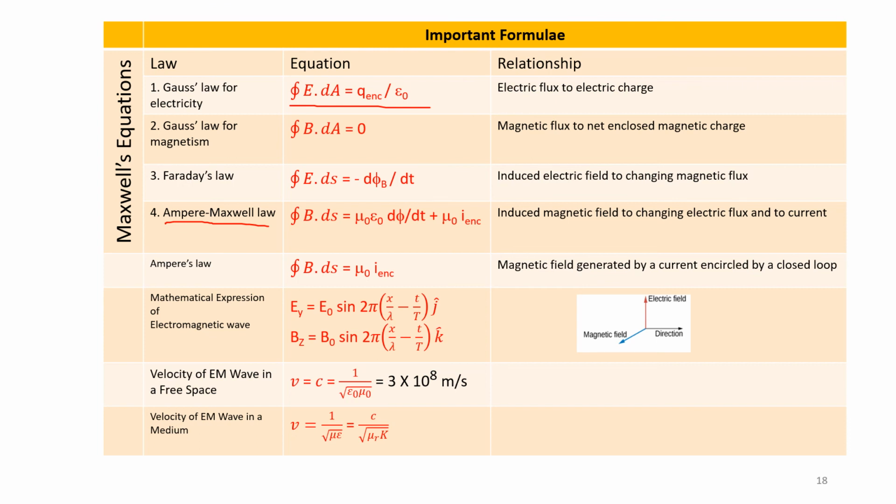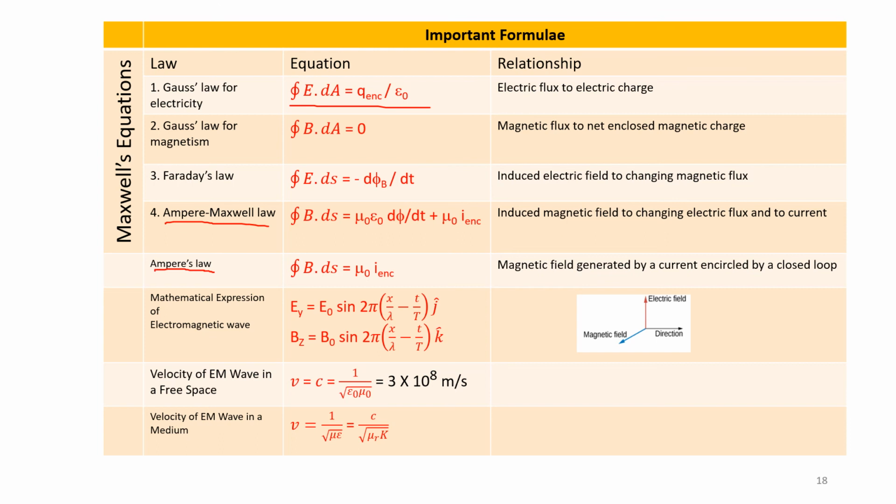The original Ampere law, which was not meeting some of the requirements, is the integral of B dot ds equal to mu naught I enclosed. This was later modified. Ampere's law was modified by Ampere-Maxwell's law. This is the final law.